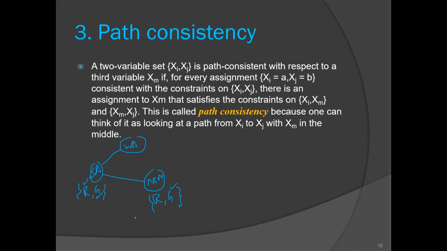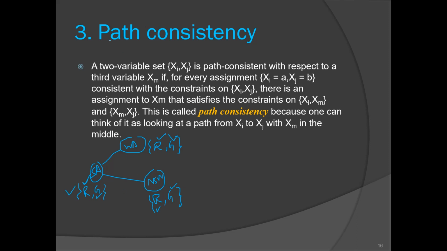Then for G we have R. The same is true with Western Australia also. For R we have G and for G we have R. That means arc consistency is not helping here, right? It is saying that it is arc consistent, but we know that it is not colorable with two colors.